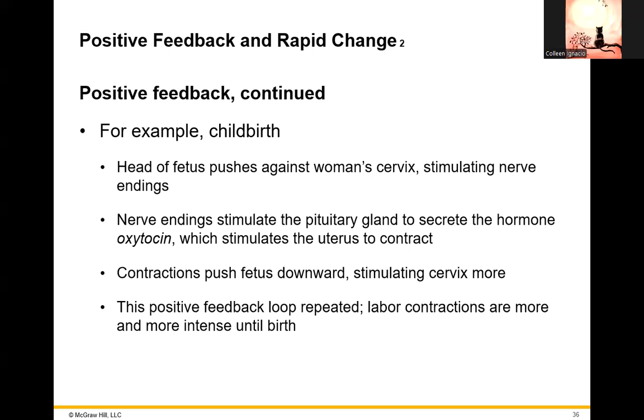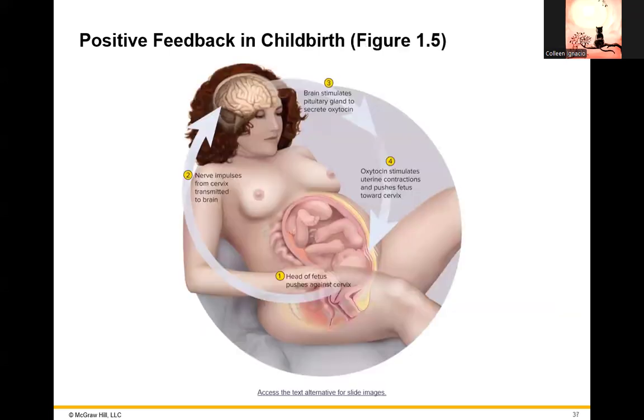Now, this positive feedback loop is repeated. Labor contractions are more and more intense until birth. So again, this is a positive feedback loop, and it is a rapid change. Here is a great visual. Here we see the head of the fetus pushes against the cervix. Nerve impulses from the cervix are transmitted to the brain.